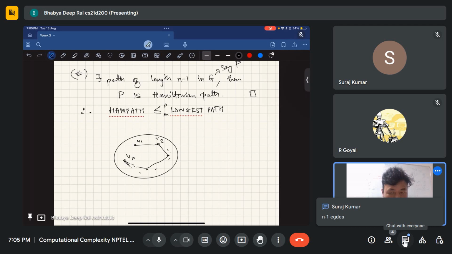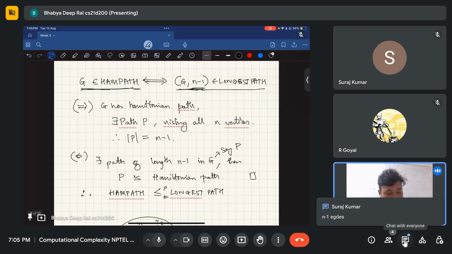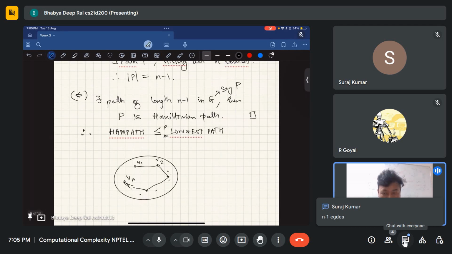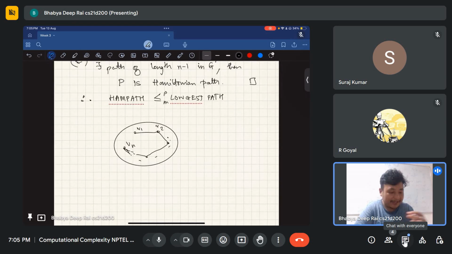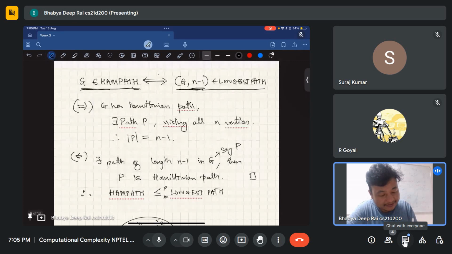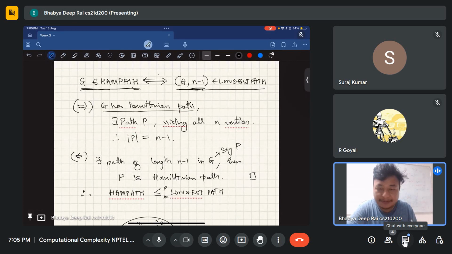N minus 1 edges, correct. Let's suppose G has a Hamiltonian path, which means it has a path which visits all the n vertices, and therefore the longest path has n minus 1 edges. So the first direction is true.